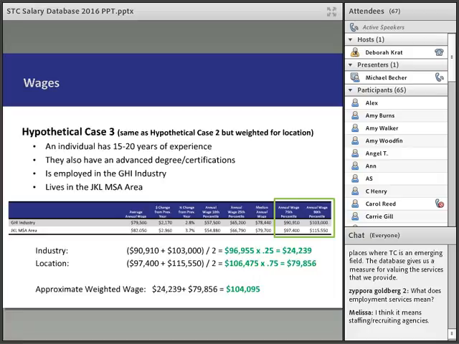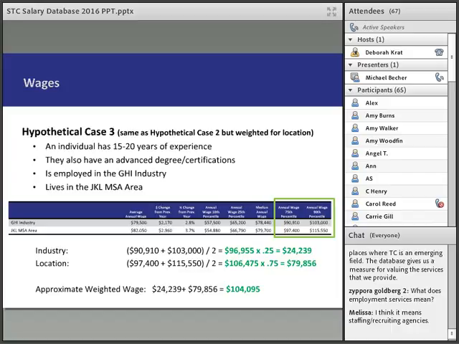So we're looking at the same numbers, and this time when we're doing the industry, we're saying that that's only worth 25% of the total compensation, where the location is worth 75% of the compensation because, again, higher cost of living, we need to account for that. So we do the same thing we did before. We take the 2 industry numbers, divide by 2, but now we take that $96,955 number, we multiply it by 0.25.